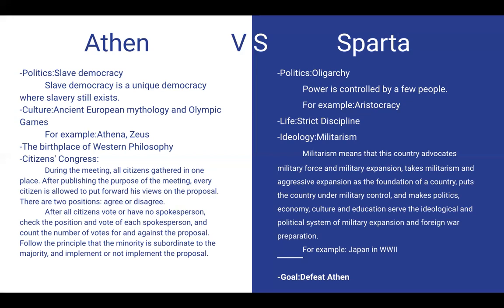For example, Japan in World War II is a typical militarism country, and Sparta's goal is to defeat Athens.